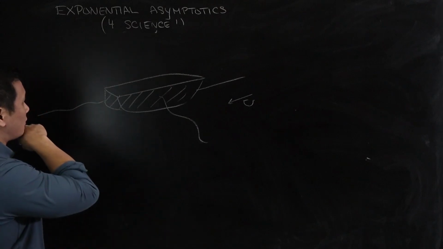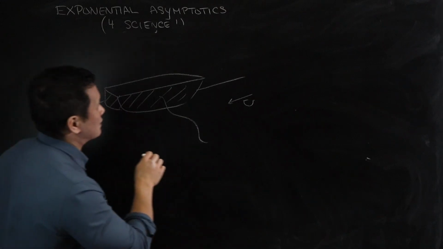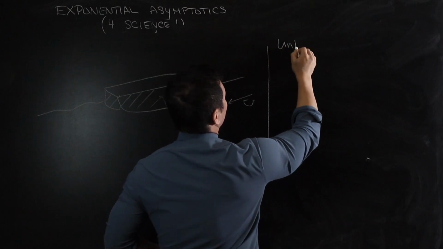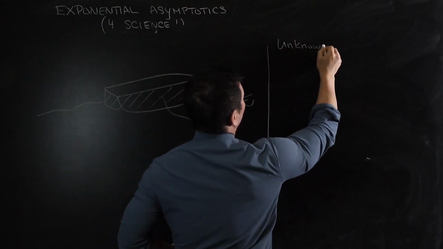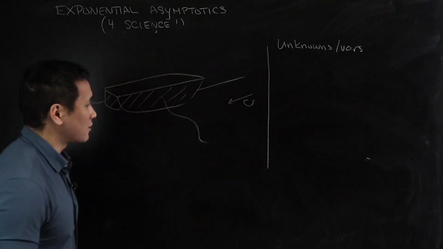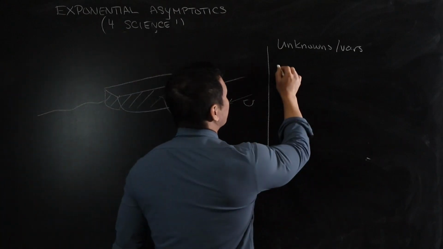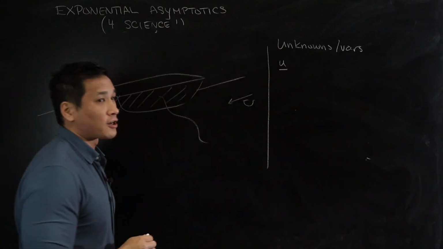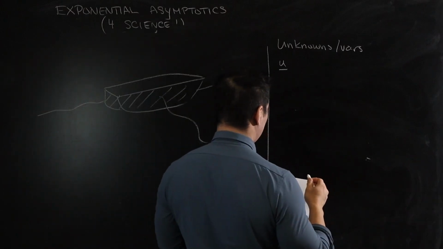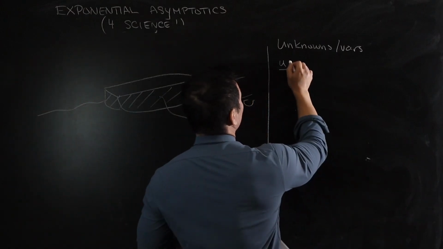then the main unknowns are, okay, let's make a list of the unknowns, the variables. The main thing that you want to know is, for example, the velocity u as a function of x, y, and z.